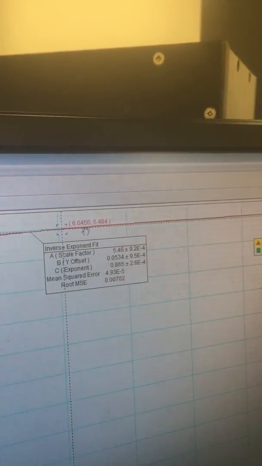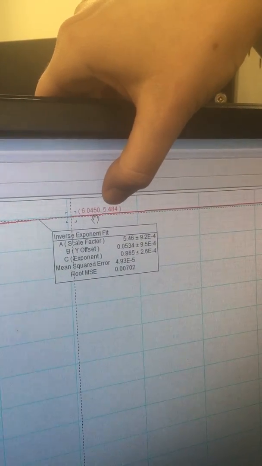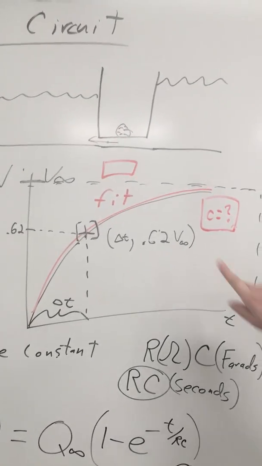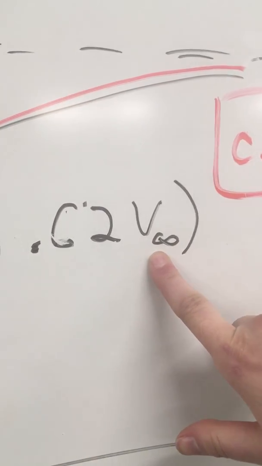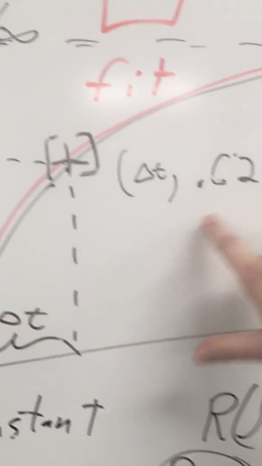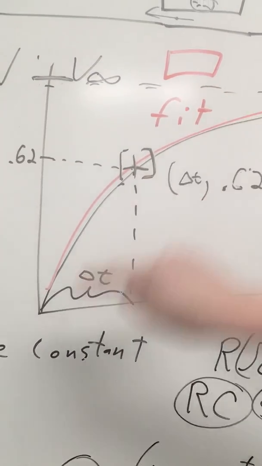Yes, where it flattens. And we're going to multiply that by 0.62. So the 5 number was our V at infinity, where it flattens out. We're going to multiply this by 0.62 to get what our half-life should be on the curve.